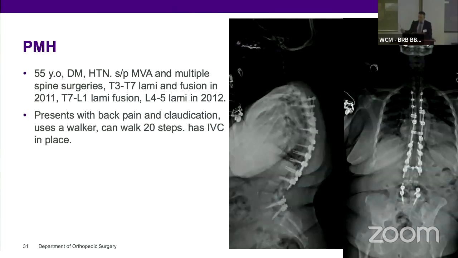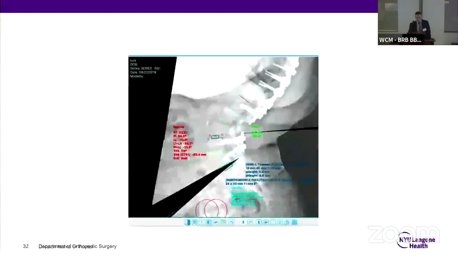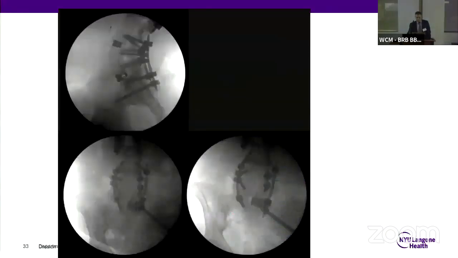She does have pseudo at the top, and that cervical instrumentation in the upper thoracic spine is pulling out, but she mainly complained of adjacent disease at L5-S1 grade 2 spondylolisthesis, and then she had an adjacent degeneration at L3-4, so extended down and up, and did a single position lateral again, ALIF at L5-S1, and a lateral at L3-4. Percutaneously placed the screws, retained some of the hardware, and bypassed it with an S2 alar iliac screw.